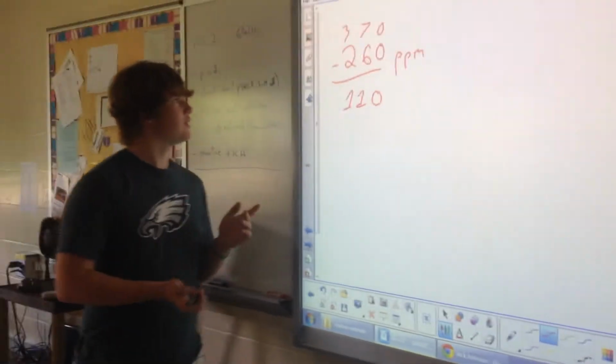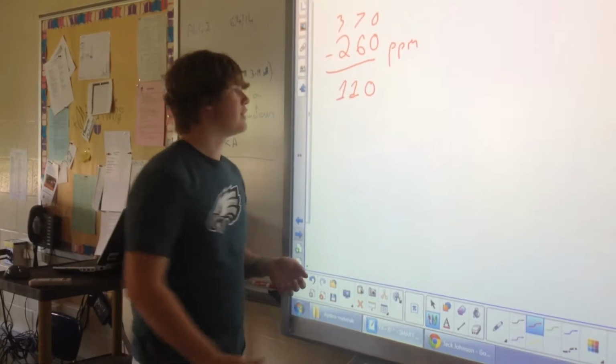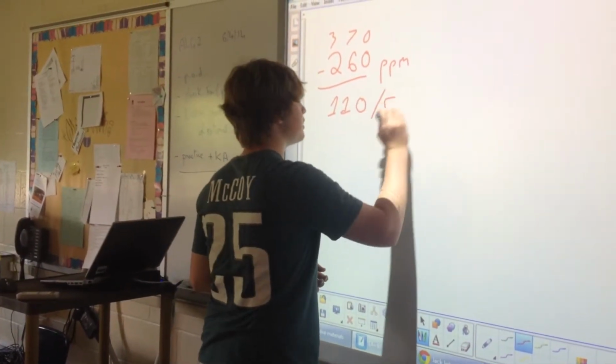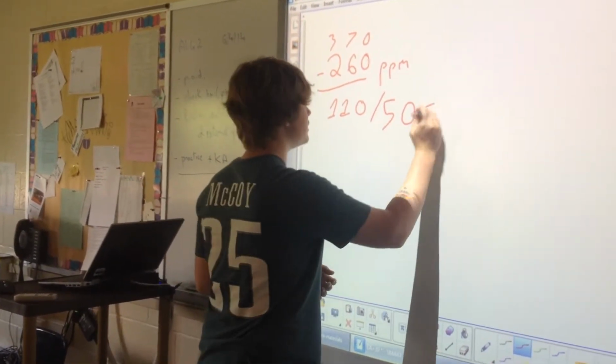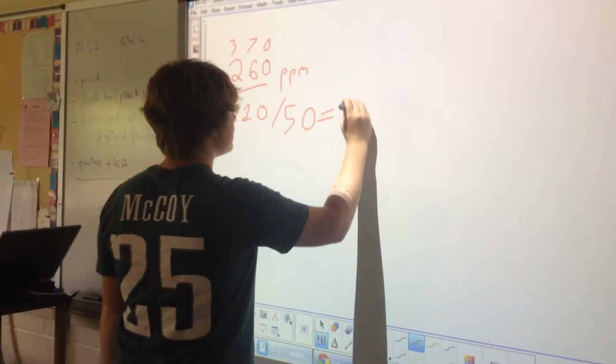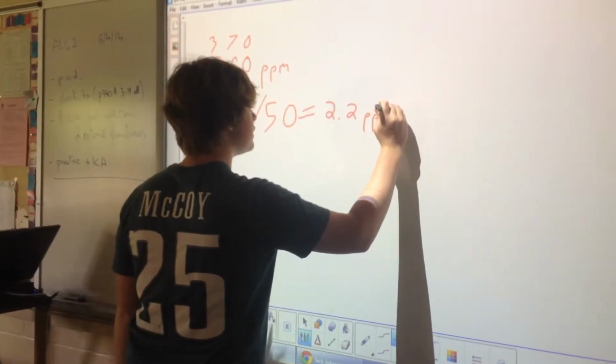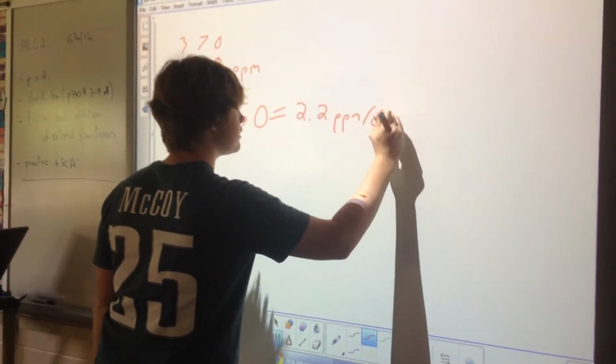So that's our rise on the graph, and then we can divide this by 50, because it's been 50 years, so we can see that it's increasing at a rate of about 2.2 parts per million per year.